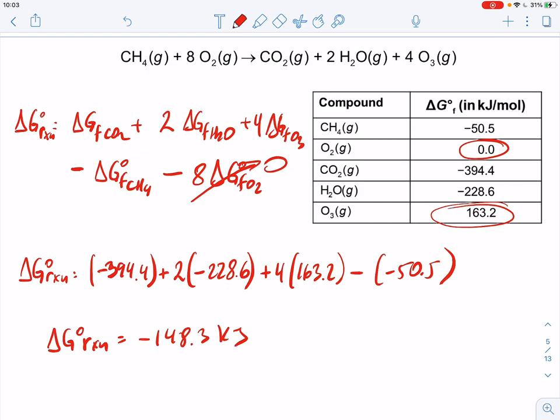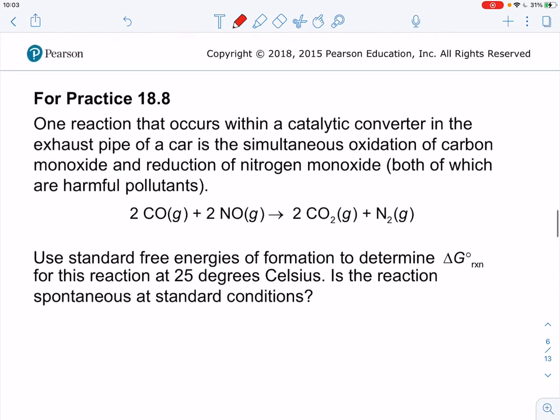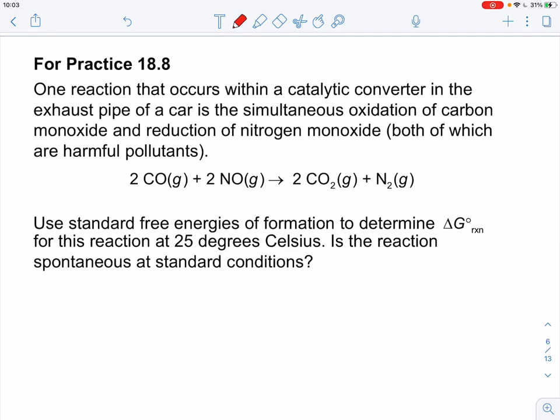If we do this again with a different reaction, in this case carbon monoxide plus nitrogen monoxide goes to carbon dioxide and nitrogen, then what we need for this are the free energies of formation, which in the case of carbon monoxide is minus 137.2, for nitrogen monoxide is plus 87.6, for carbon dioxide is minus 394.4, and for nitrogen is 0.